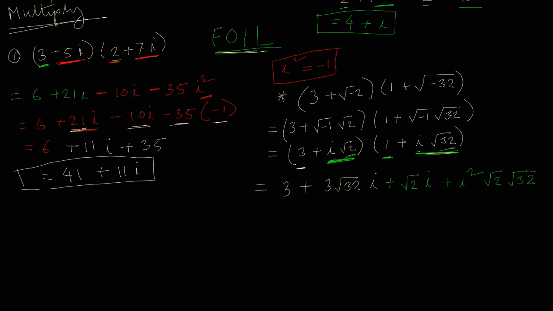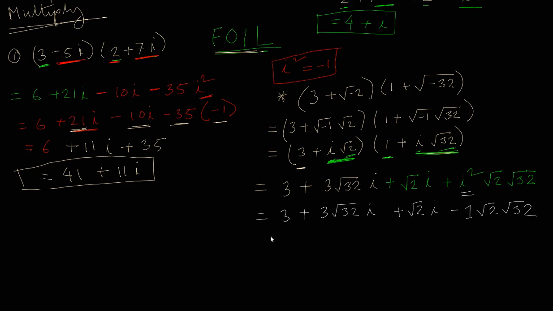So now let's see if we can simplify a little bit. So it will be 3 plus 3 square root of 32 i plus square root of 2 i, and remember i squared is -1, so -1 times square root of 2 times square root of 32.